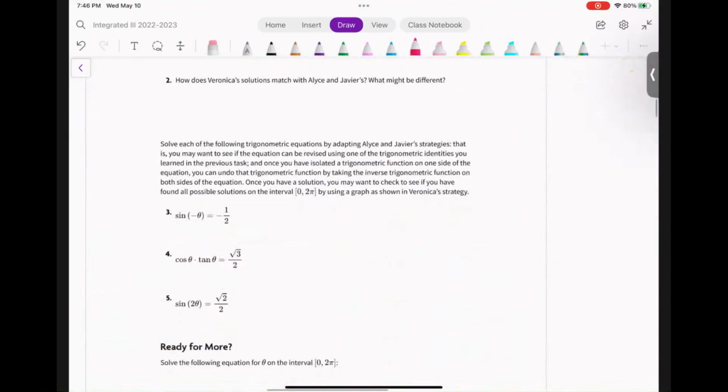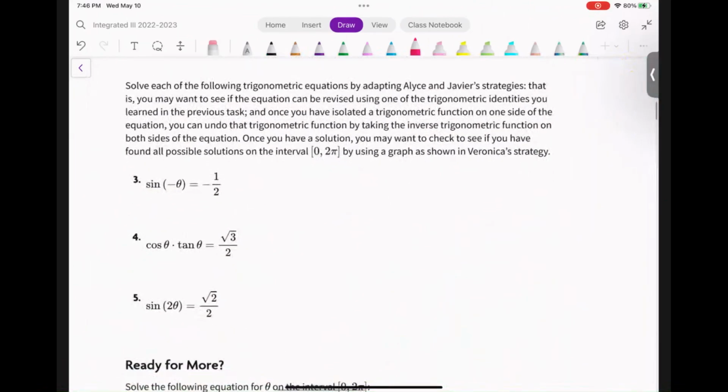So it says, solve each of the following trig equations by adapting Alice's and Javier's strategy. That is, you may want to see if the equation can be revised using one of the trig identities you learned in the previous task. And once you've isolated a trig function on one side of the equation, you can undo that trig function by taking the inverse trig on both sides of the equation.